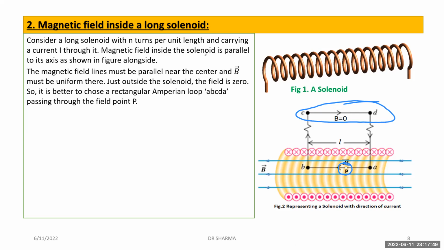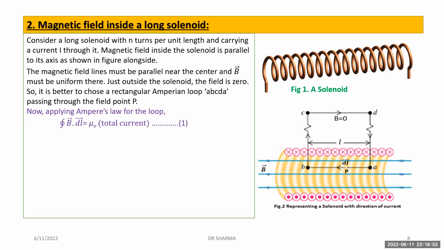We can divide the line integration through this closed path into 4 parts across the 4 sides of that rectangular Amperian loop. Here, as you can see, just below equation 1, it is divided into 4 parts: line integration along AB, along BC, along CD, and along DA.